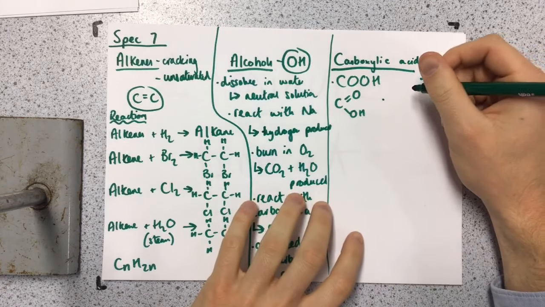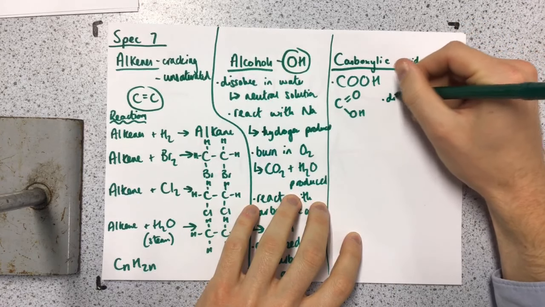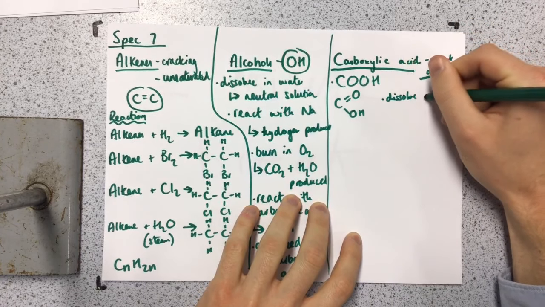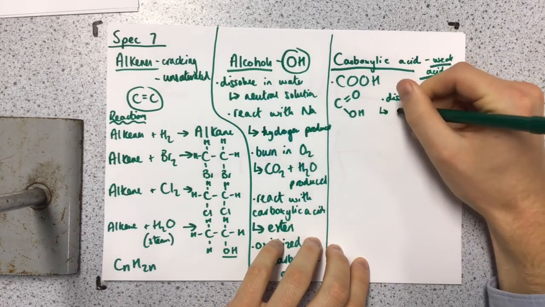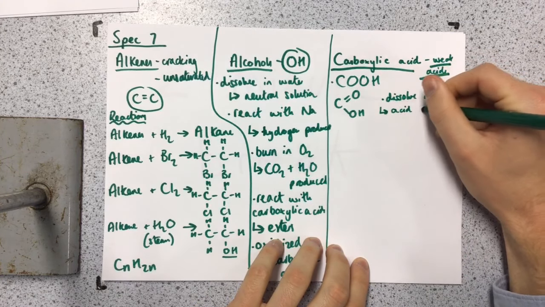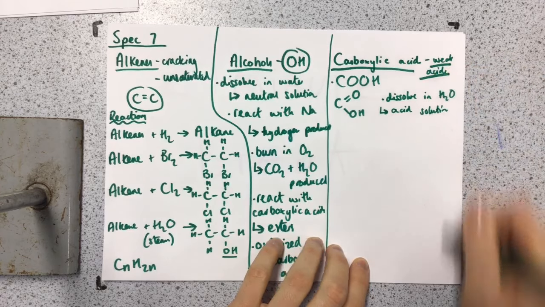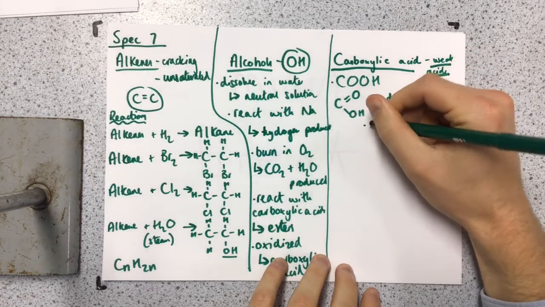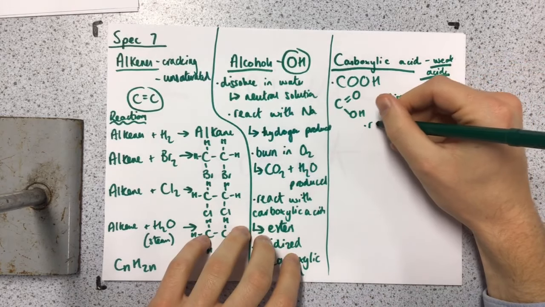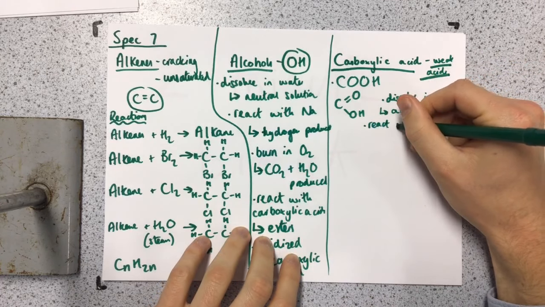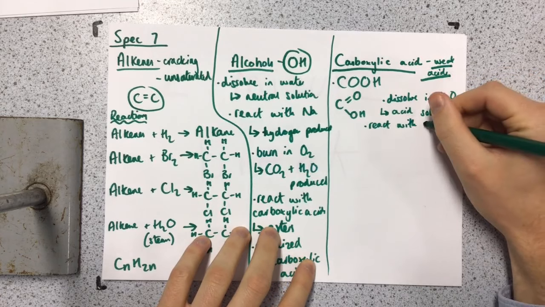So for carboxylic acids, you can dissolve these into water. And if you do that, you get an acidic solution. You can also react them with carbonates. Now remember, it's an acid still. Even though it's a weak acid, it's still an acid. So if you react these with a carbonate, you're going to get carbon dioxide being produced.